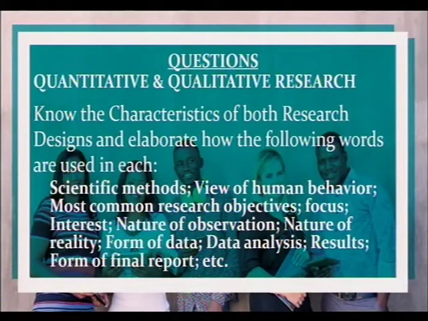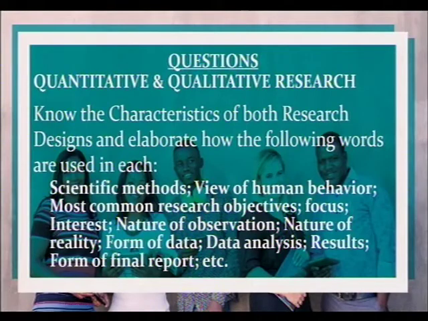You can also explain by looking at the most common research objectives of those two research designs, or their focus, their interest, nature of observation. Those are two different. When you read in your study guide, you will find out that those are two different research designs.